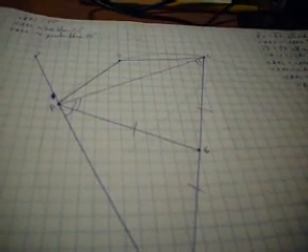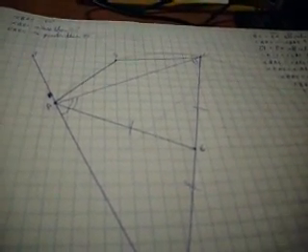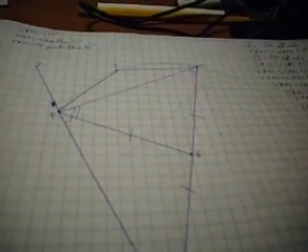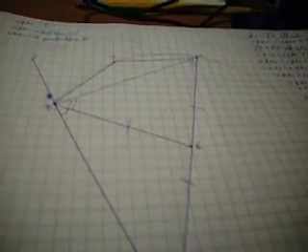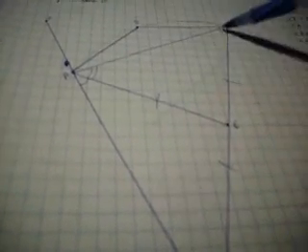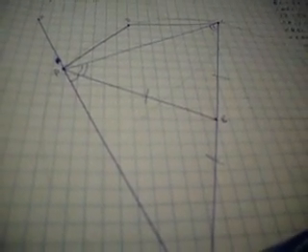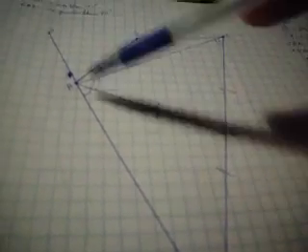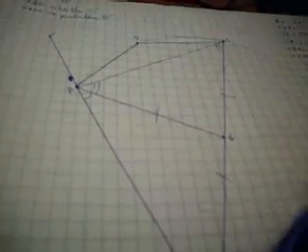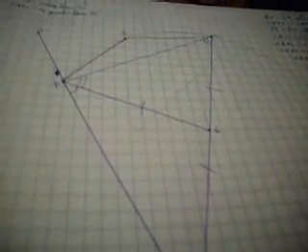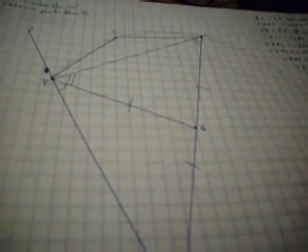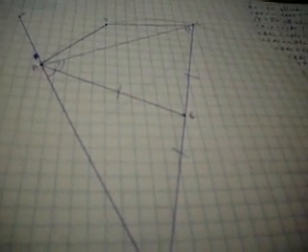We can then go on to say that if we add the sum of ABC and BAC, where are these angles? ABC, this is A, this is B, this is C, and BAC, here's B, here's A, and here's C. If we add this angle and this angle, we would come up with a number of degrees less than 180, which is by Euclid Book 1, proposition number 17.